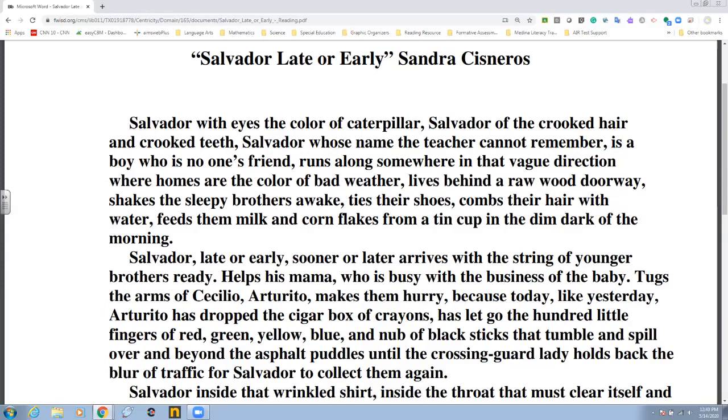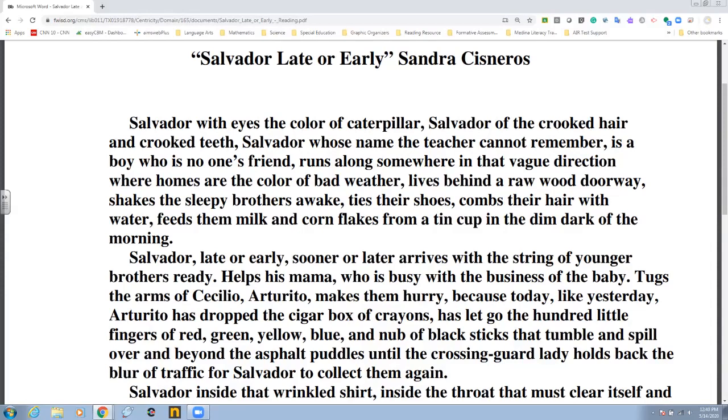Shakes the sleepy brothers awake, ties their shoes, combs their hair, feeds them. So it sounds like he is pretty much the older brother who takes care of all of his other siblings, maybe because mom and dad have to work.